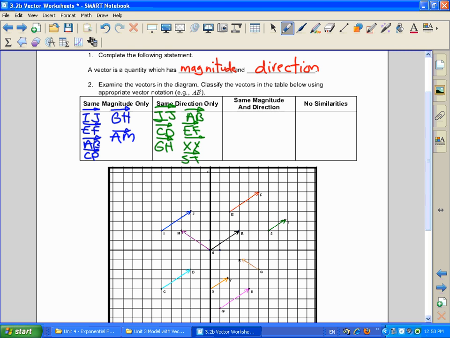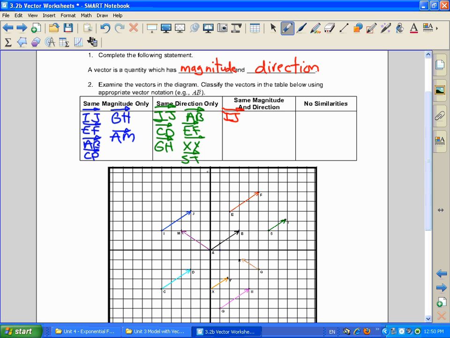All right. So now let's narrow in on the same magnitude and direction. Which ones have the same magnitude and same direction? Let's start with IJ. Basically, it's the ones that appear in both of these the same.